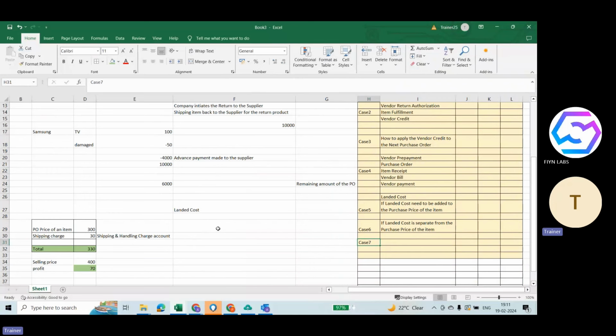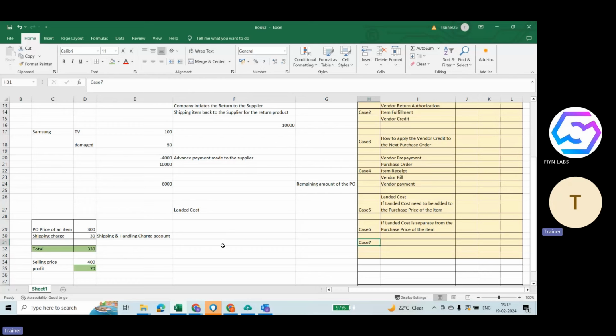His job is to get the item from the supplier location and deliver it to the destination location. So for this journey from the supplier location to the customer location, whatever the charge will be, he will be charging that amount separately.